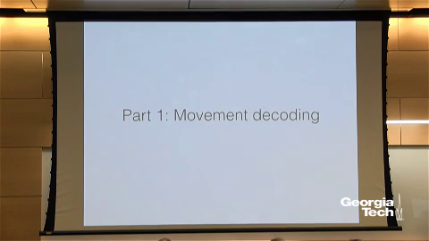What I'll talk about now are some examples of how we use dimensionality reduction in different contexts, in two different animal systems, both in a visual task and in a motor task. The first part is some work we've been doing using dimensionality reduction techniques to do movement decoding, or understand the activity of populations of neurons within motor cortex.